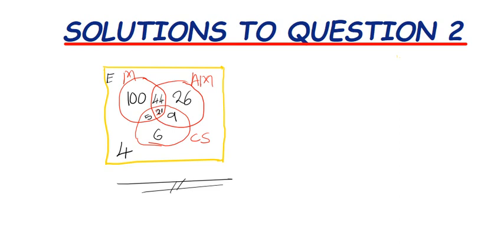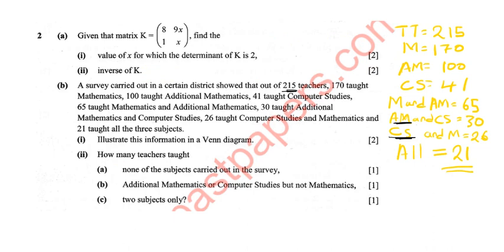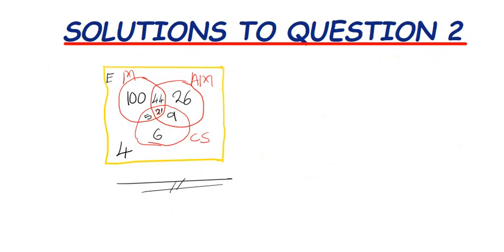As you can see here, they have said all those who took additional mathematics, they were how many? They were 100, right? So if you are able to see this set, look here. In additional mathematics, we already have 44 teachers, we already have 21 teachers, we already have 9 teachers.